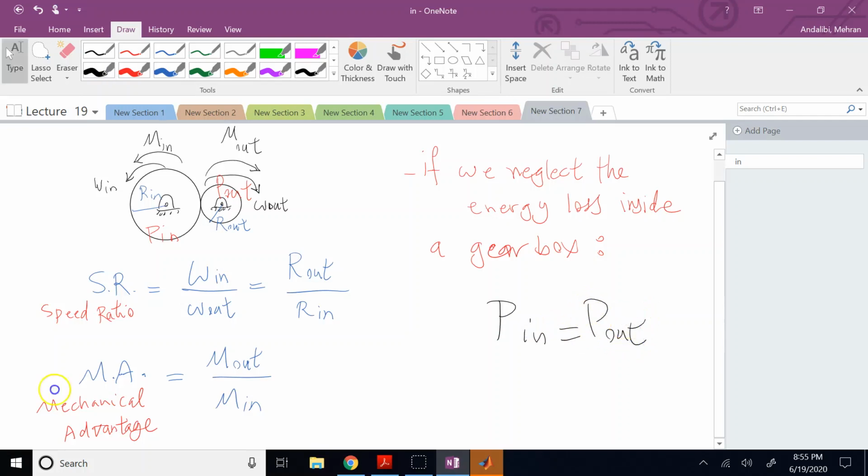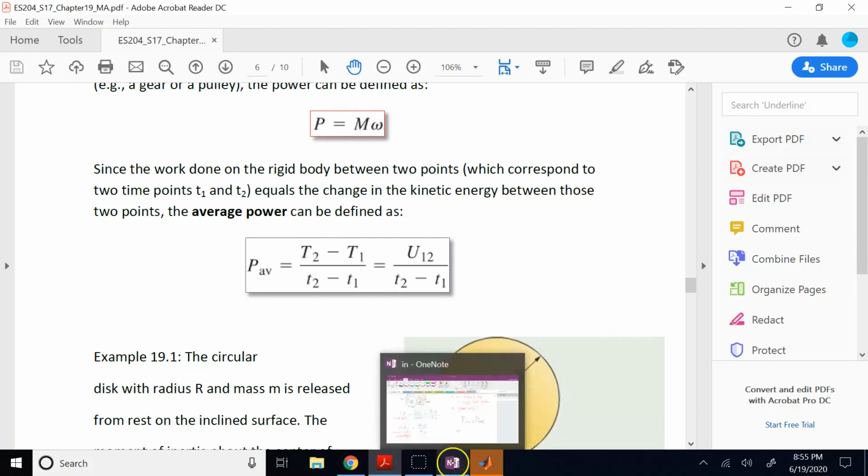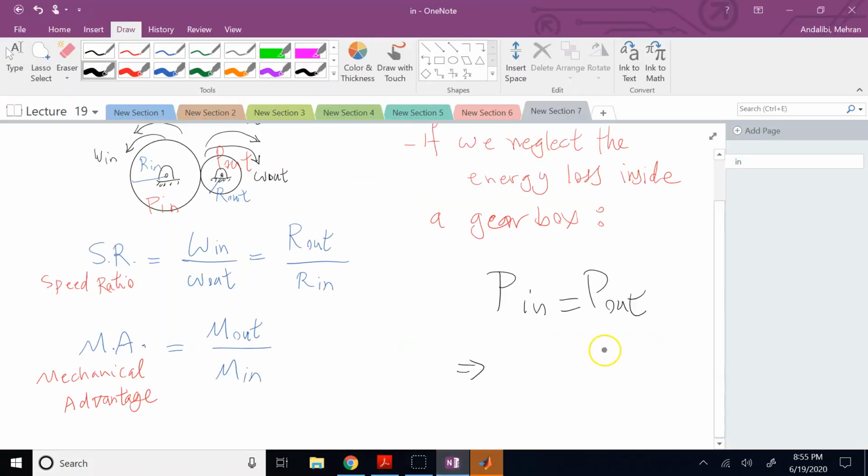No energy is wasted. Therefore, according to this formula, power is what? Moment times omega. So it's going to be moment in or torque in times omega in, the same as moment out or torque out times what? Omega out. And from here, what is moment out over moment in? Yes, you clearly see it is going to be equal to omega in over omega out, right?